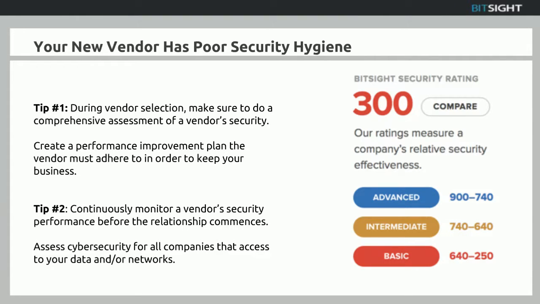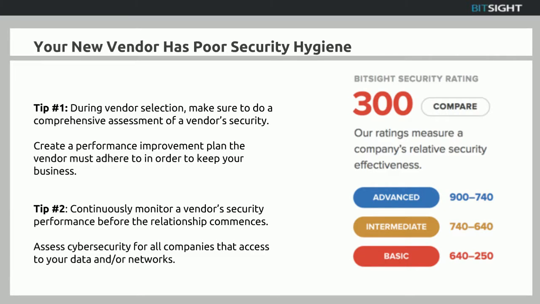So in the first one, if your vendor has poor security hygiene, one way you can get on top of this is during the vendor selection process or the RFP process, you can do a comprehensive assessment to understand what the vendor security posture is at that point in time.